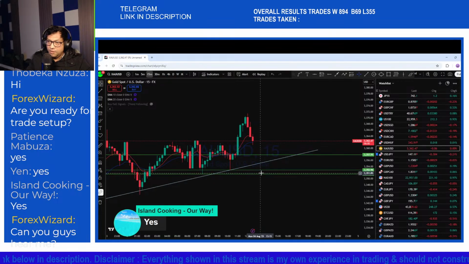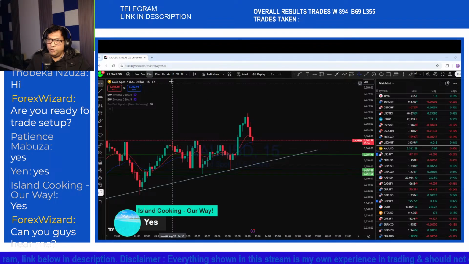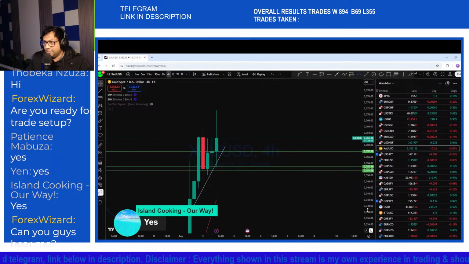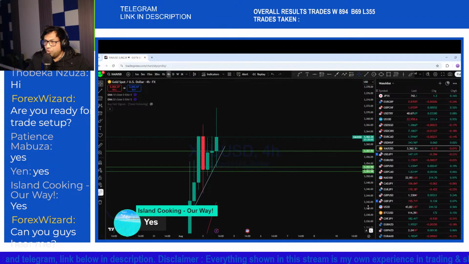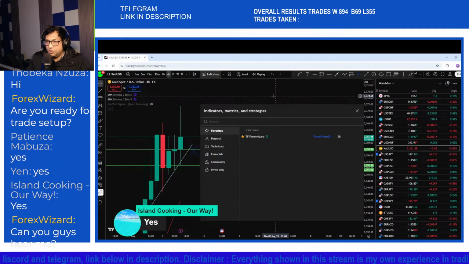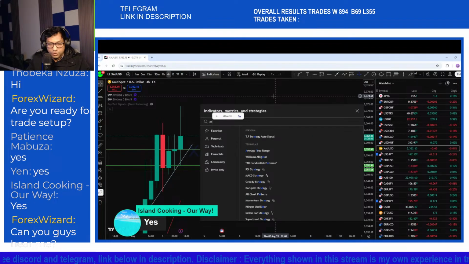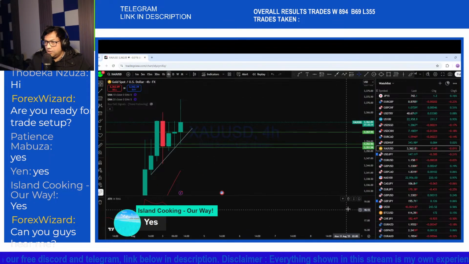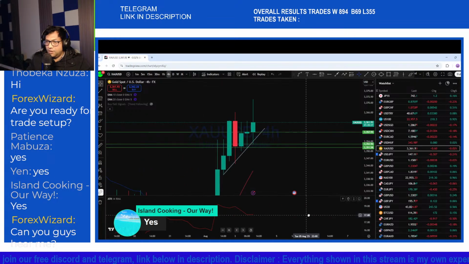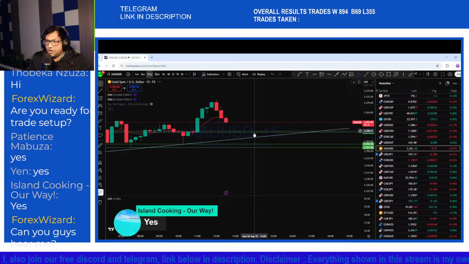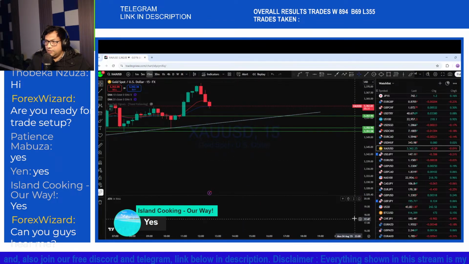Any drop below here, especially to this support, we will be looking for an entry on the 4 hour support test at 3352.96, which is important. Based on the ATR, we can look for the stop loss around 1.5 ATR or less. But first of all, we'd like to see the market coming here in that area.